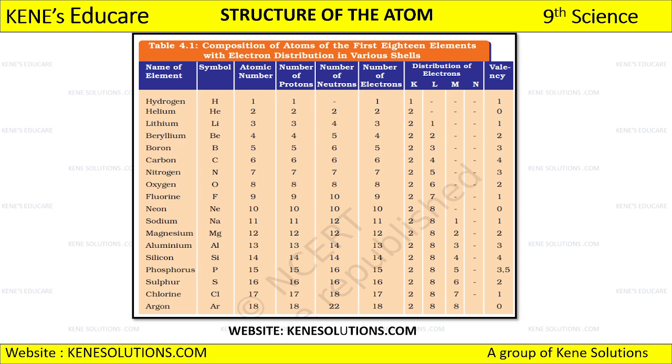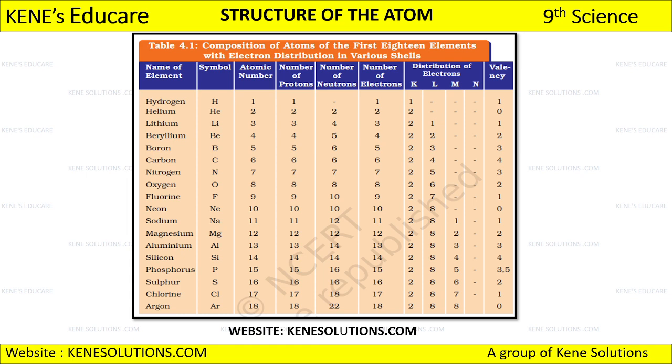So for hydrogen we write H, helium He, lithium Li, beryllium Be, boron B, carbon C, nitrogen N, oxygen O, fluorine F, neon Ne, sodium Na, magnesium Mg, aluminium Al, silicon Si, phosphorus P, sulfur S, chlorine Cl, and argon Ar.